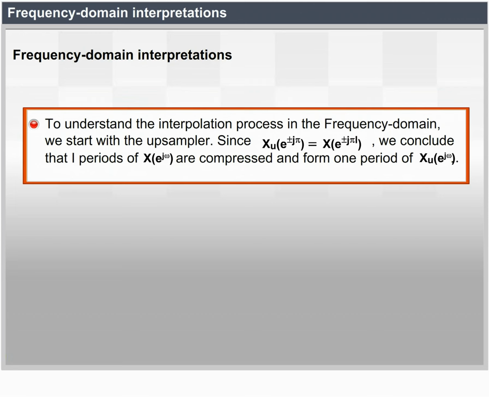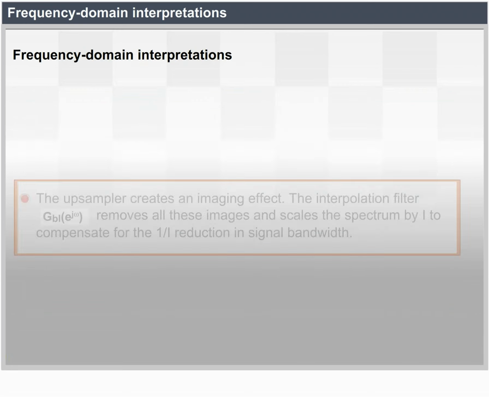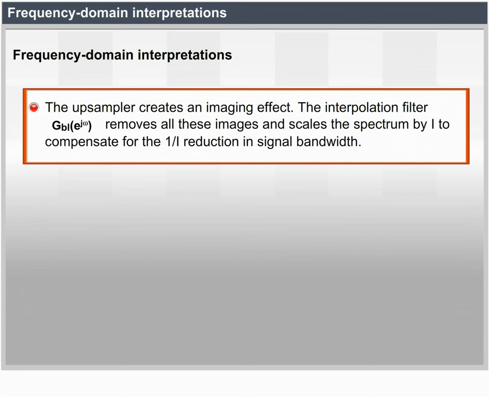The extra I-1 copies of the compressed spectrum introduced by upsampling are called images. The upsampler creates an imaging effect. The interpolation filter G_BI(e^jω) removes all these images and scales the spectrum by I to compensate for the 1/I reduction in signal bandwidth.